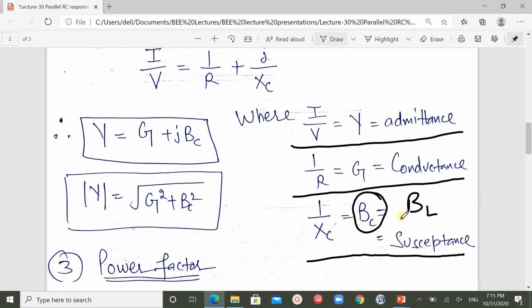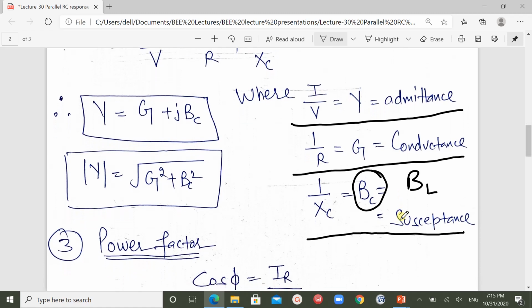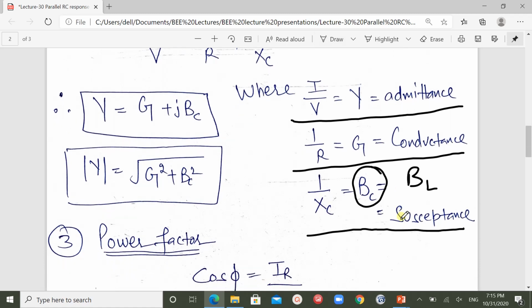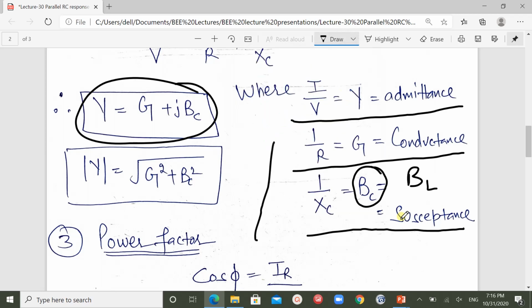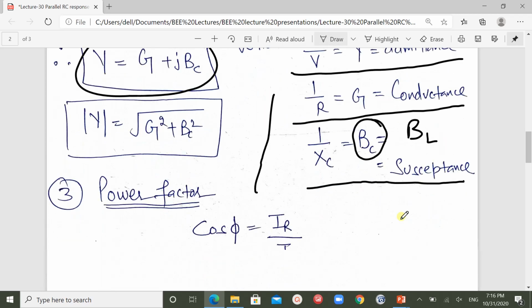So then we find out Y is equal to G plus JBC, or modulus of Y is equal to under root G square plus BC square. Then we find the power factor.